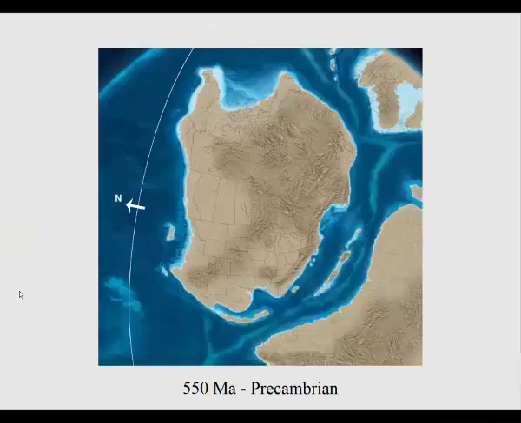So to wrap up our discussion of this kind of thing, I just want to show you a change in the shape and orientation of some different continents over geologic history.